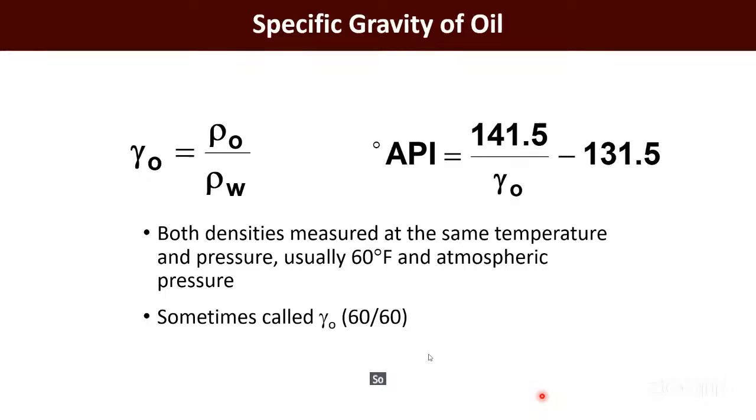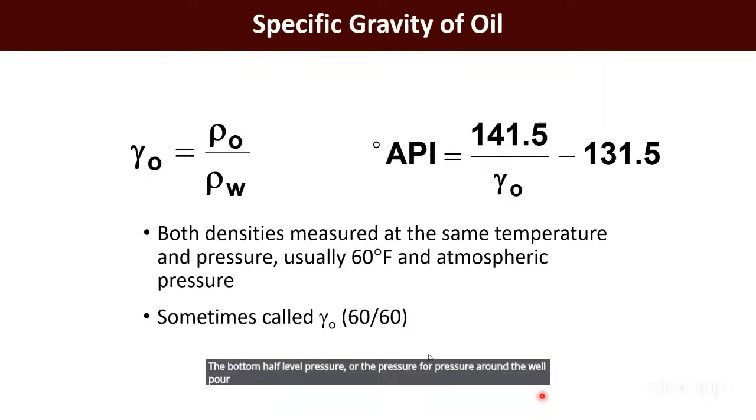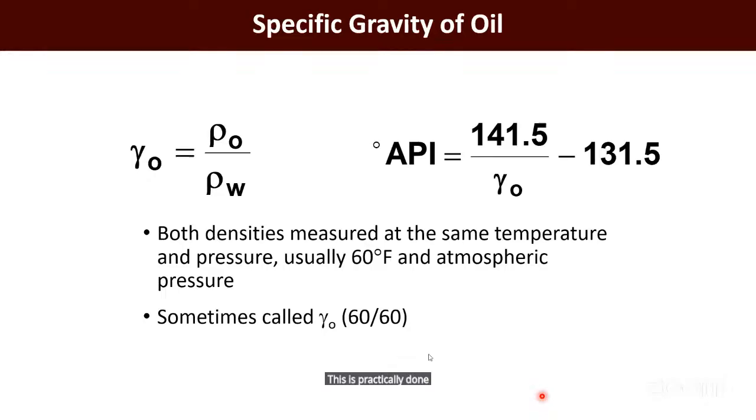So the most important thing, like I mentioned, is to try to maintain the bottom hole fluid pressure, or the reservoir pressure around the wellbore, above the dew point pressure. This is practically done by re-injecting gas at the crest.